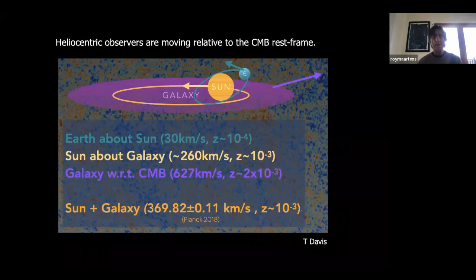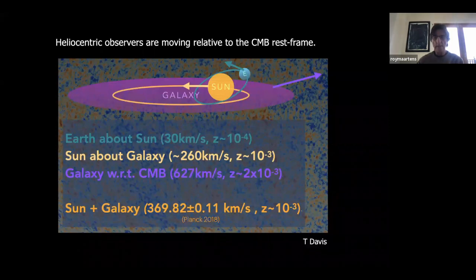Heliocentric or solar system observers are moving relative to the rest frame of the CMB, and we know this from the Planck experiment. We measured very accurately our velocity relative to the CMB frame. The CMB frame is simply the frame in which the dipole vanishes.